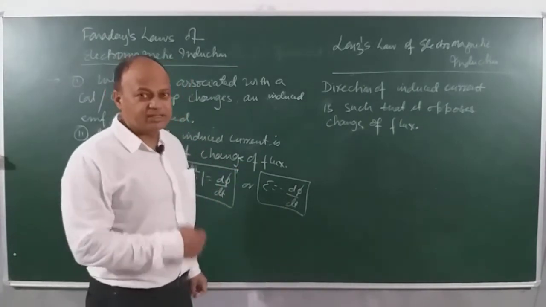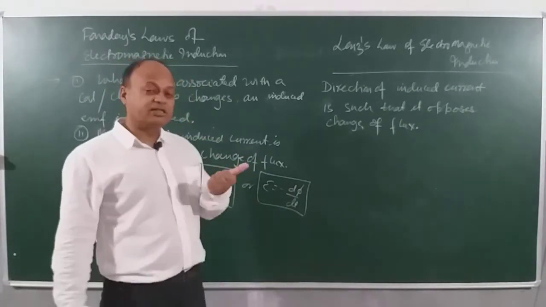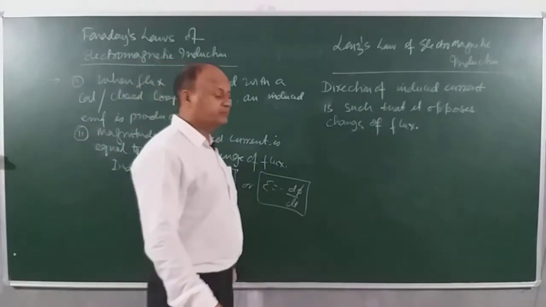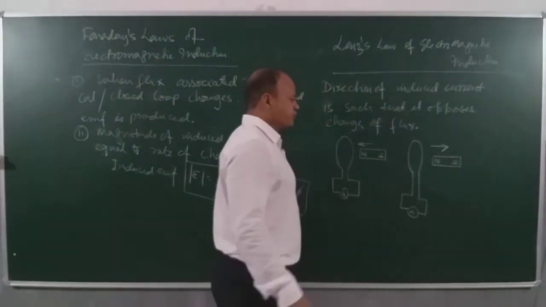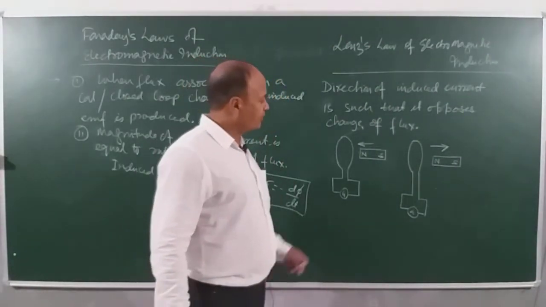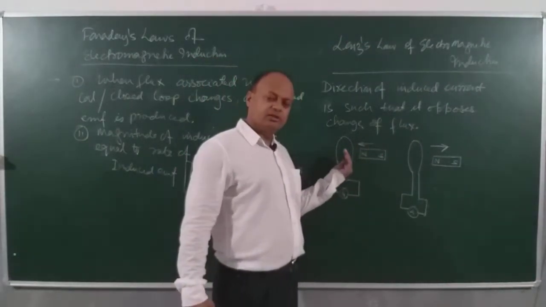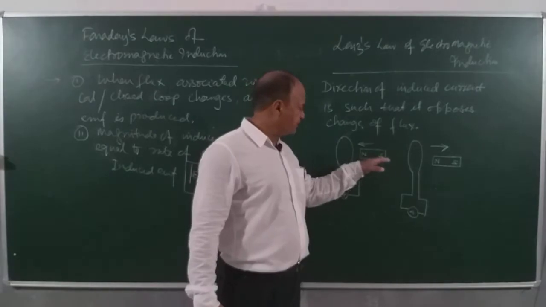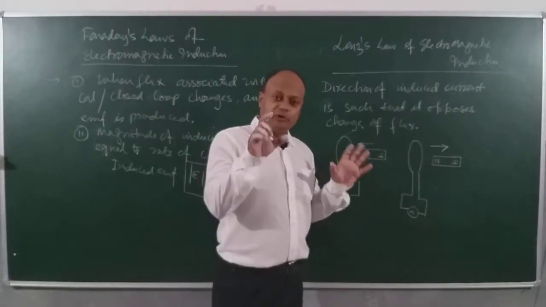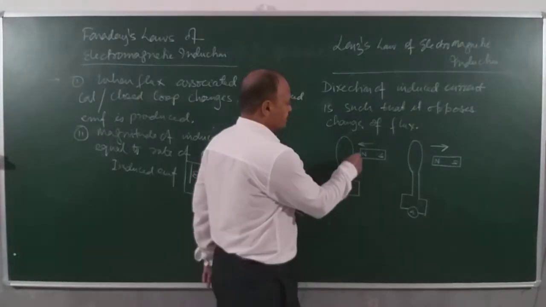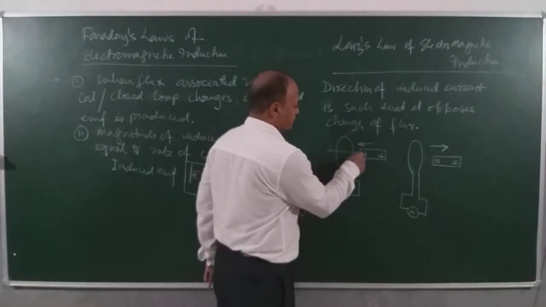So, let us understand this once again, the direction that I marked in the beginning in Faraday's experiment. Here two situations are shown. Here the north pole is coming towards the coil, you can see the magnet is coming towards the coil. Here the magnet is going away from the coil. In both cases, children, the number of magnetic field lines passing through the coil will change, right?